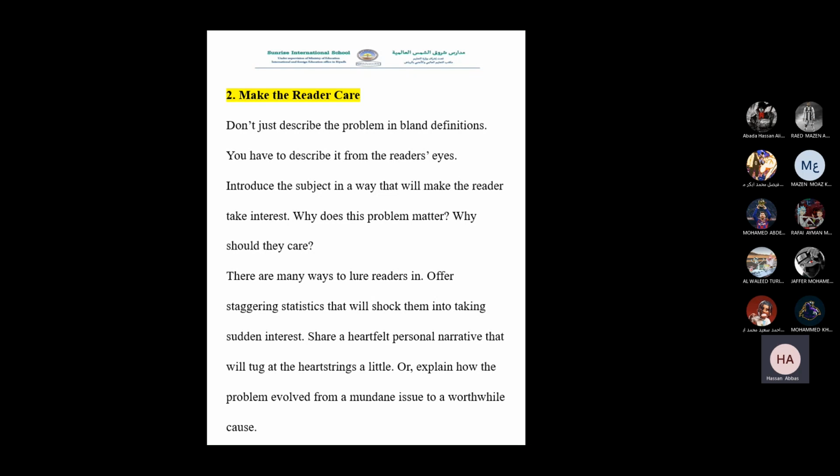Then you try to attract my feelings, my heart, my sympathy, just to be with you in solving this problem, because I am a reader and you are a writer. So use your style in writing to attract the reader to be with you, to agree with you, to make different proposals for this problem with you, and not to criticize you.